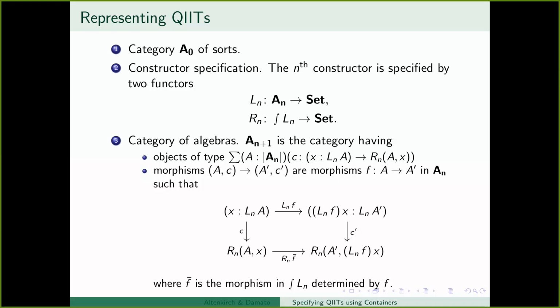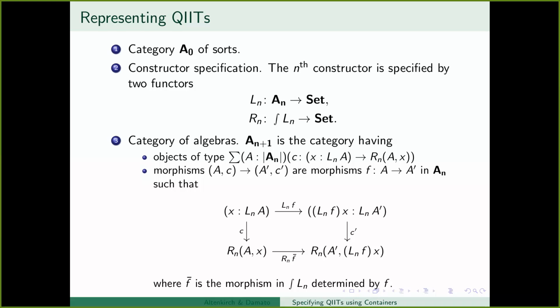And then we have this constructor that we've just specified, so it would be going from the left-hand side to the right-hand side. And then morphisms are again morphisms in the previous category, such that these C and C primes act in a way that they're the A and A prime components of this natural transformation between Ln and Rn.